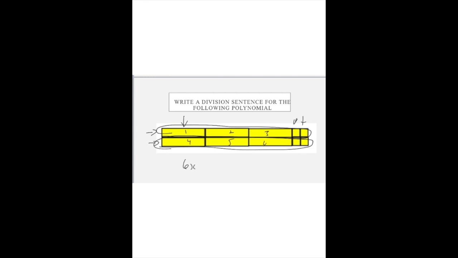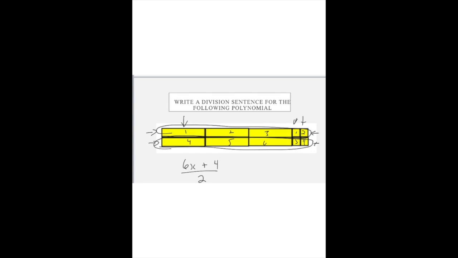We have 6x, and being that it's yellow, it's positive, so we have 1, 2, 3, 4, and we have plus 4. Now, how many sets does that break into? Well, you can see on here that it breaks into 2 separate sets. So we can divide 6x plus 4 by 2.